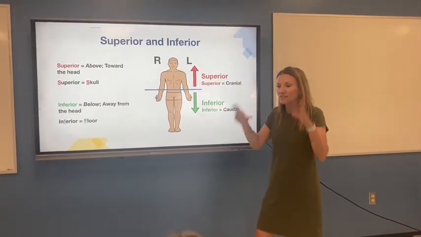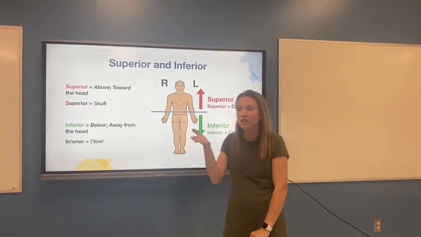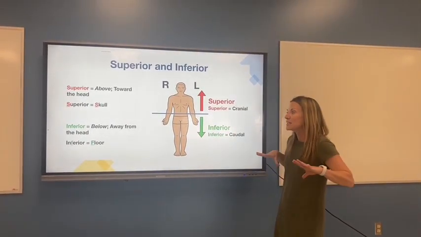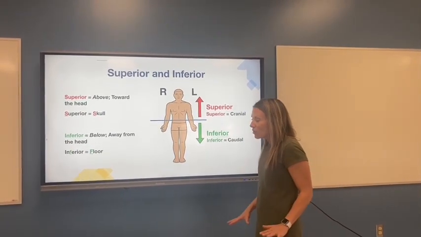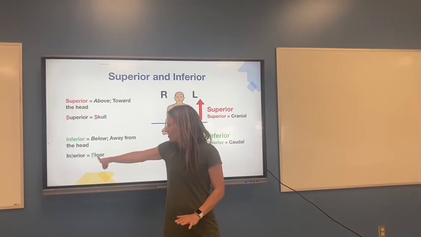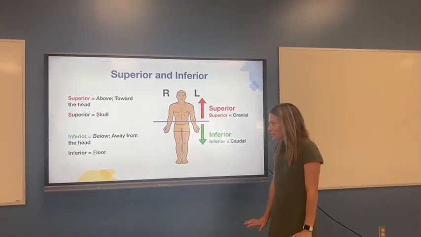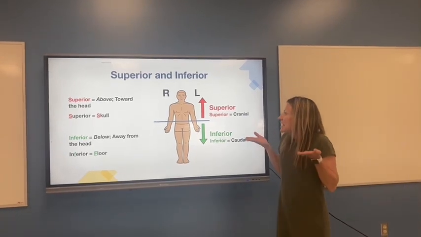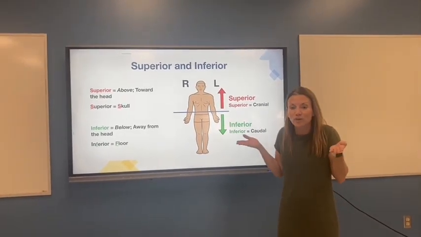One way to remember that is that we refer to our head as our skull, which starts with an S, so superior, skull. Inferior means below or away from the head. One way you can remember that is that it has an F in it, which is floor. So inferior is below, superior is above.